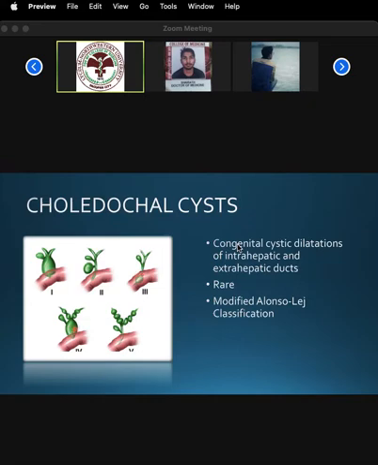Type 4 is cystic dilatation of the extra and intrahepatic bile ducts, while type 5 is otherwise known as Caroli disease, and you have multiple intrahepatic bile duct cysts. Okay, so those are your choledochal cyst varieties according to Alonso-Lami classification.